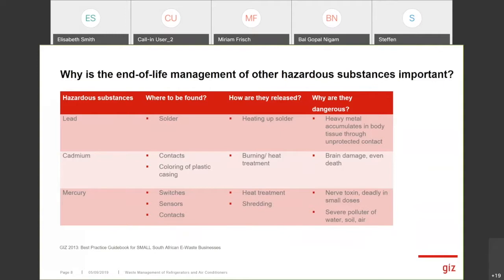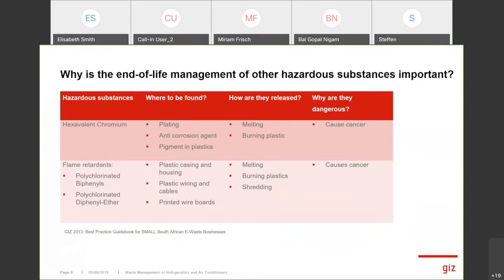It is released by heat treatment and shredding, and is dangerous because it is a nerve toxin in small doses and a severe polluter of water, soil, and air. So the next slide, please.